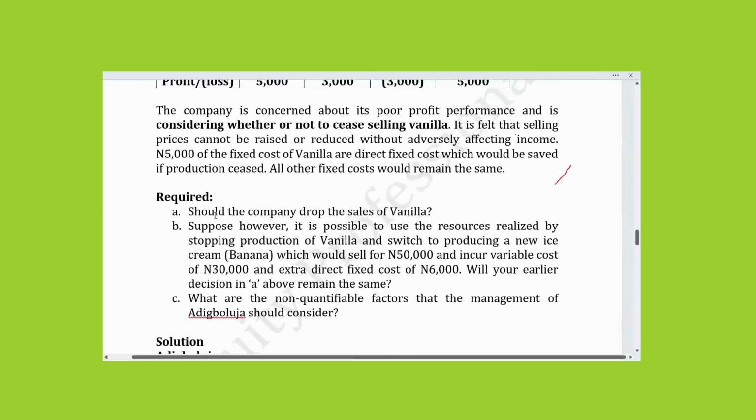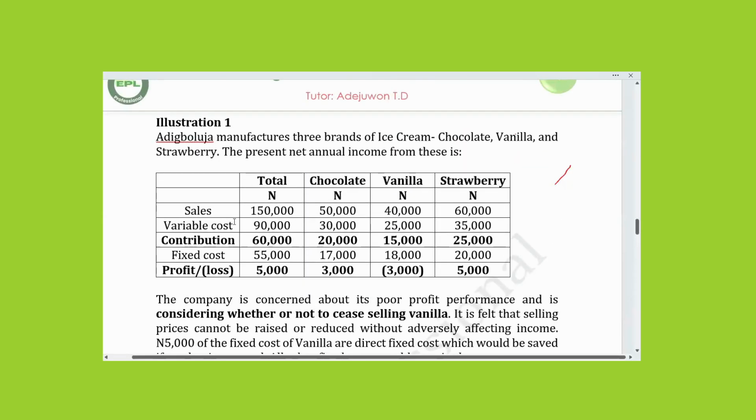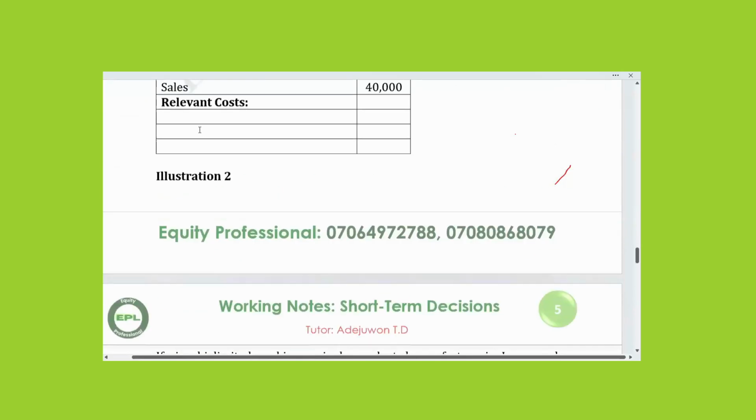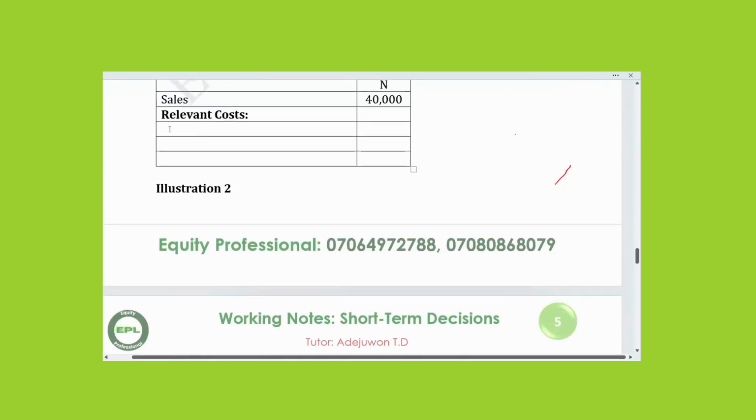Therefore, I will go back to the question. Here we are given variable cost. Variable cost is relevant, which is 25,000 naira. Variable costs include direct material, direct expenses, direct labor, and variable production overhead. So I will just say variable cost, 25,000 naira.